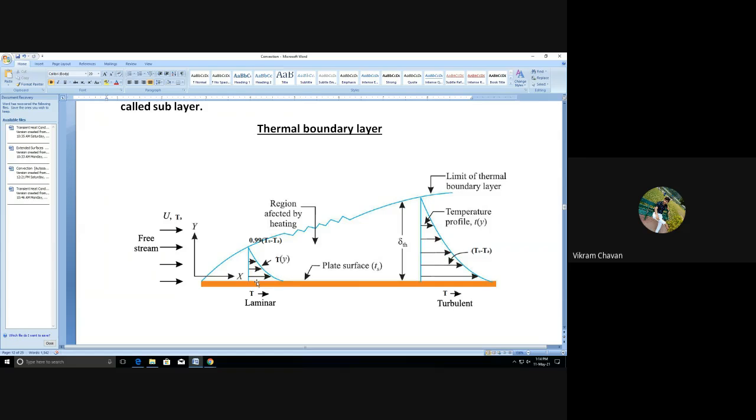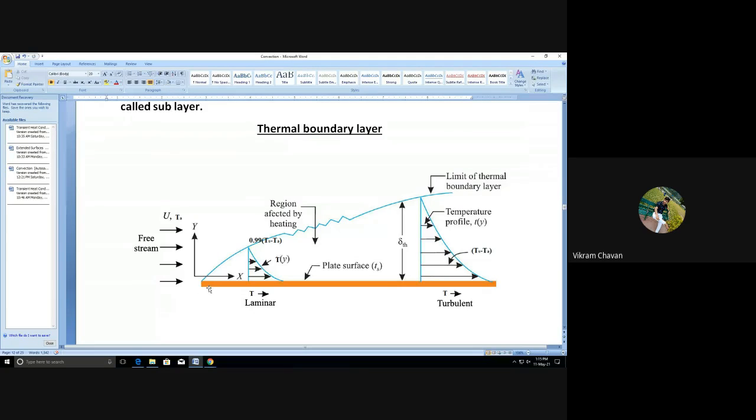As we move forward on the plate, more and more layers of fluid will be in contact with the plate surface, so more heat will be exchanged from the plate surface to the fluid. So the thickness of the thermal boundary layer goes on increasing as we move over the flat plate in the forward direction, towards the trailing edge.